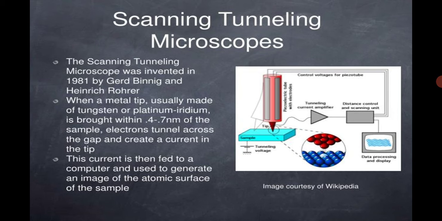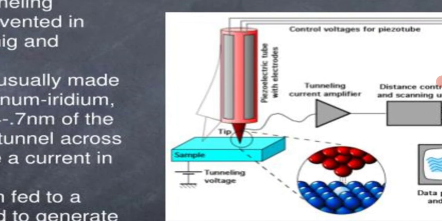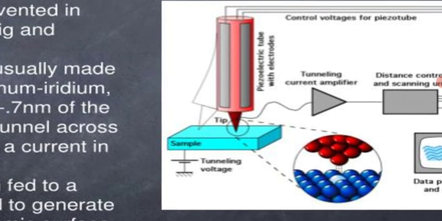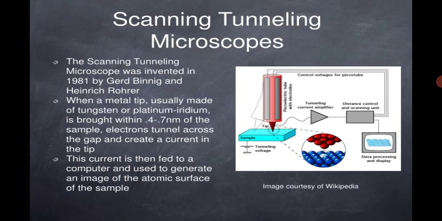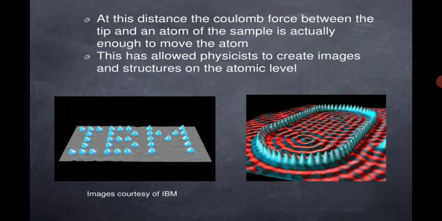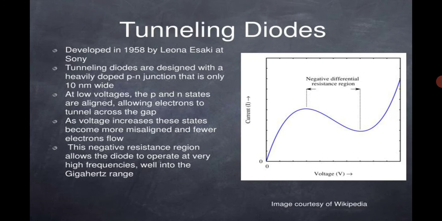Through the tip, the sensor can sense the distance, and we can observe the scanning. This current is fed to a computer and used to generate an image of the atomic surface of the sample. At this distance, the Coulomb force between the tip and an atom of the sample is actually enough to move the atoms. This has allowed physicists to create images and structures on the atomic level.